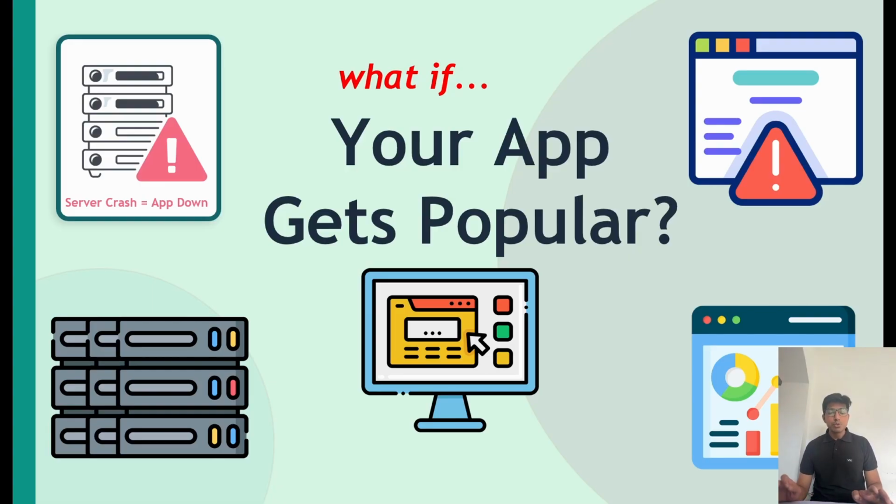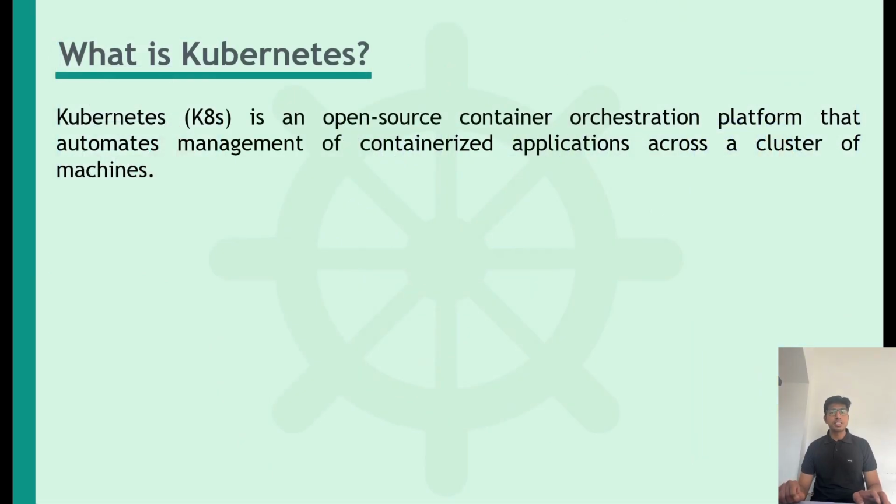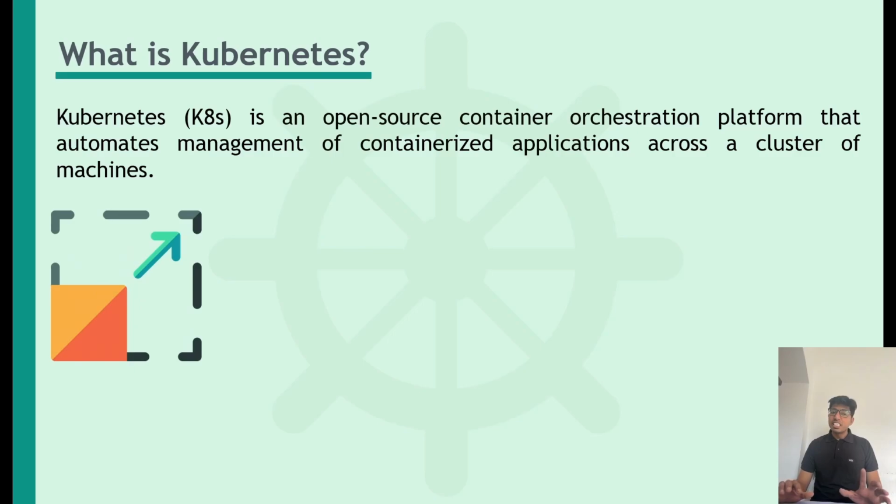However, if you are using Kubernetes, everything is done automatically. That's the power of Kubernetes. What exactly is it? It is an open source container orchestration solution. It's a container orchestration platform where it automatically scales up your applications when the traffic is high and scales down when the traffic is down.